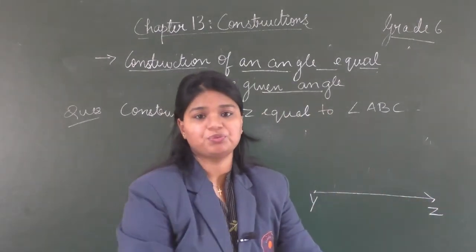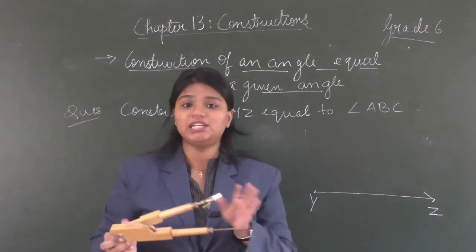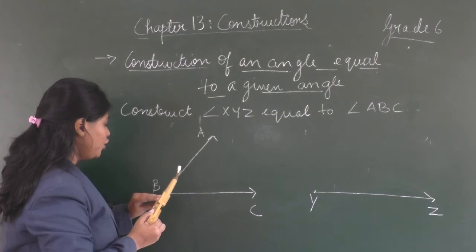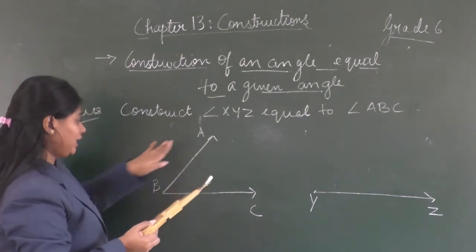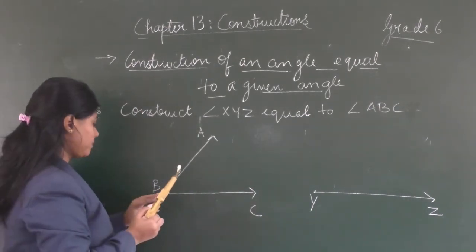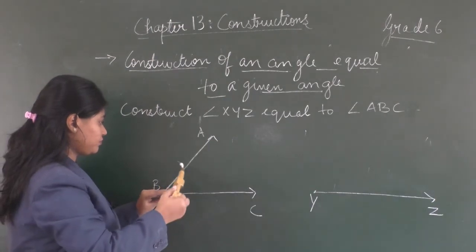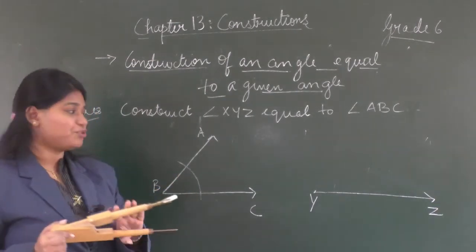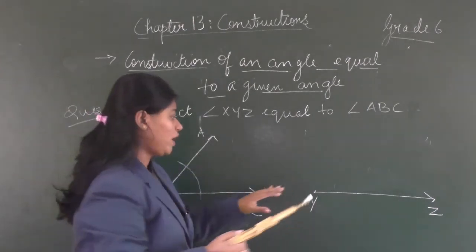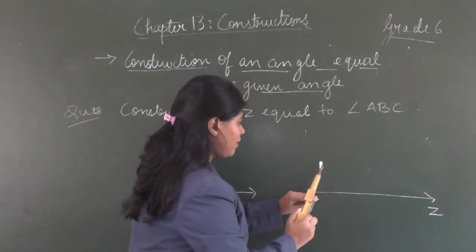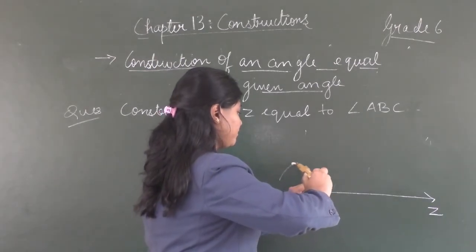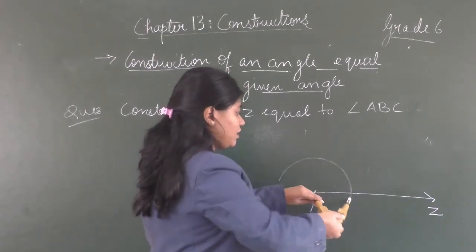Now what you will do, you will take your compass and place the needle of the compass on point B and you will cut an arc on AB and BC like this. Now with the same measurement, I will place the needle on Y and I will cut an arc on YZ. Like this.